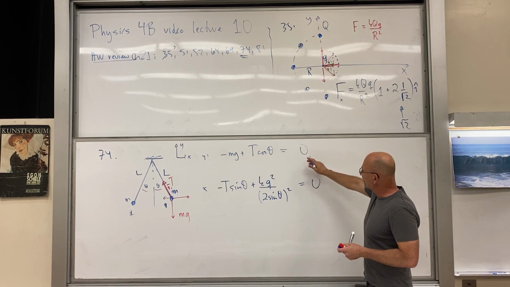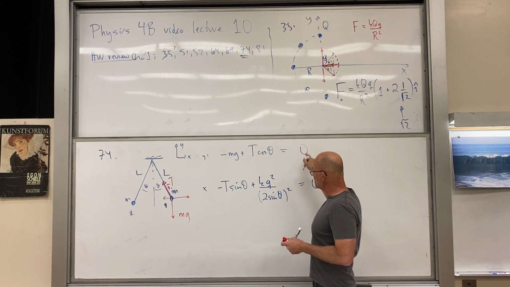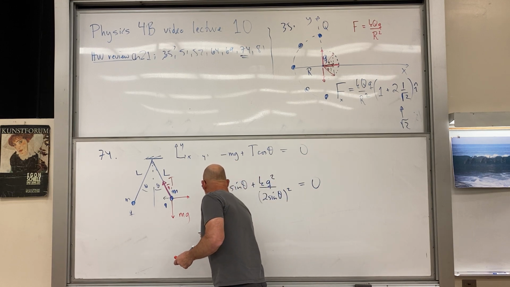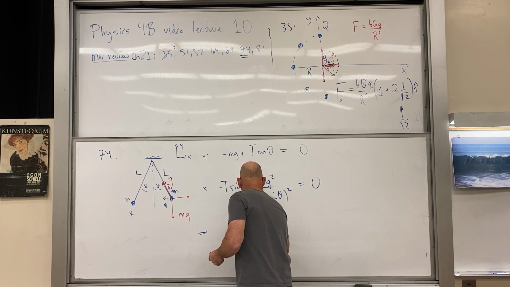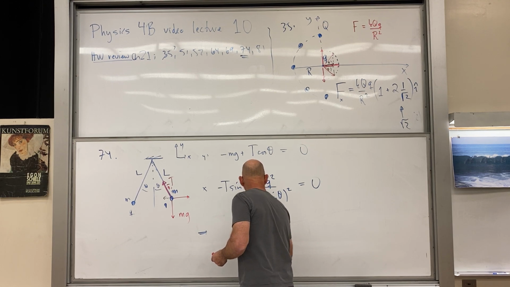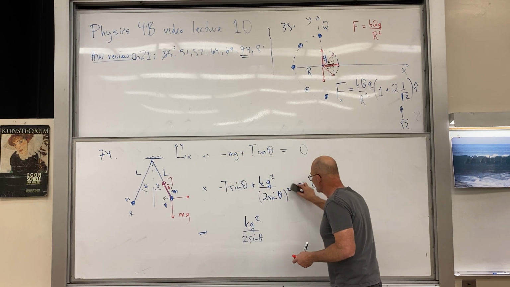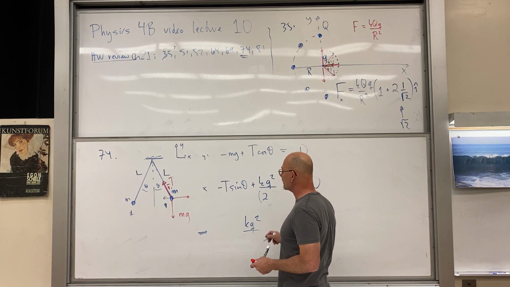So what we're going to do next is just eliminate the tension, because the tension is equal to mg divided by cos theta. So we can go ahead and plug that in and bring this to the other side. We're going to have k q squared over 2 sine theta. Oh, missed something here, didn't I? I missed a length. Okay, got to catch these things in real time.